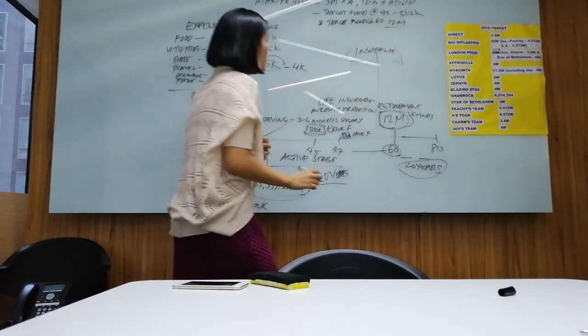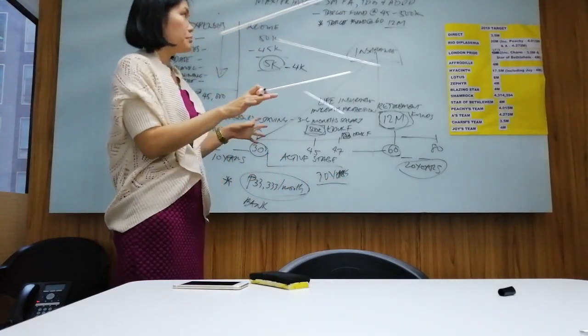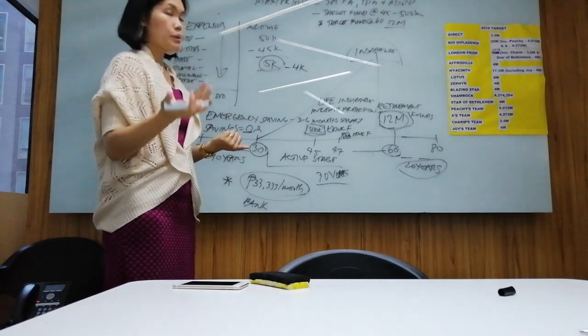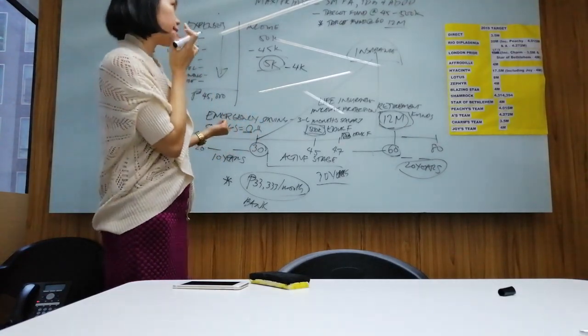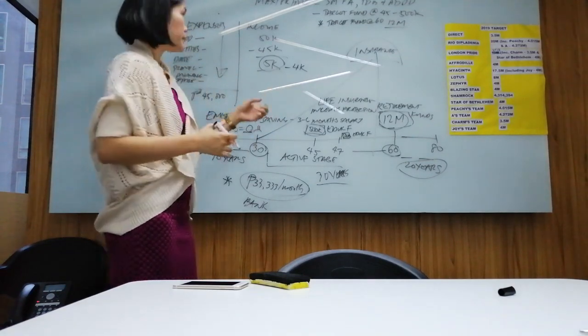Tapos doon makikita mo na, client, do not be overwhelmed with the premium because I'm just showing you the ideal proposal for you. However, ang gagawin natin later on is just kung ano yung pasok sa budget mo.